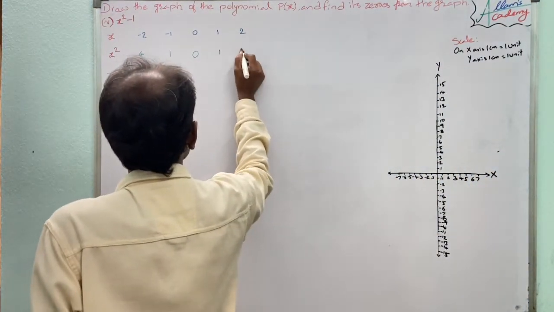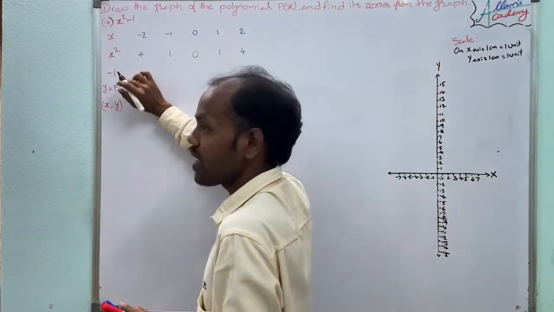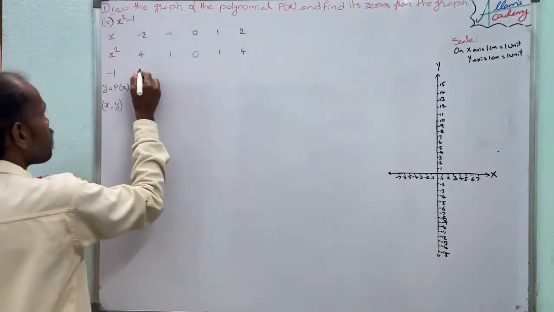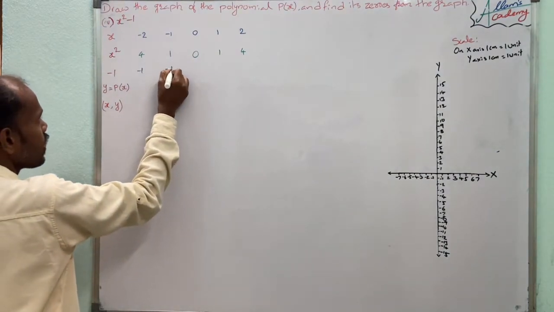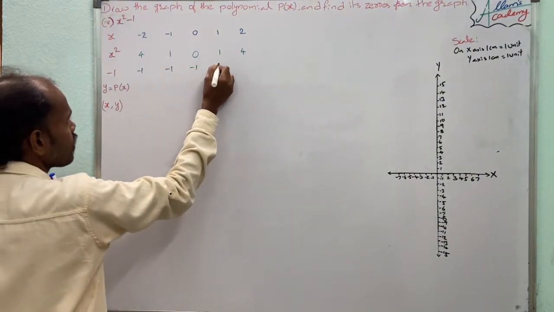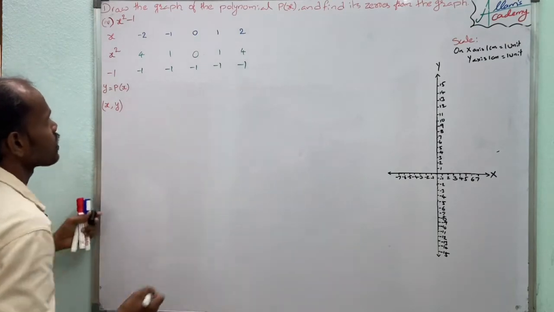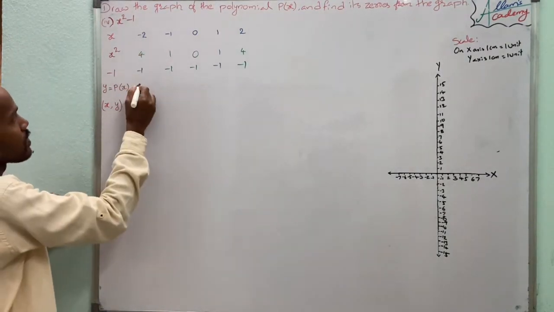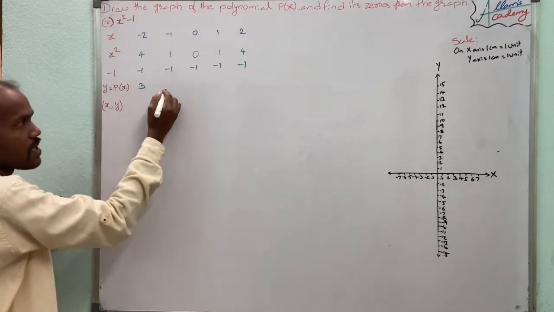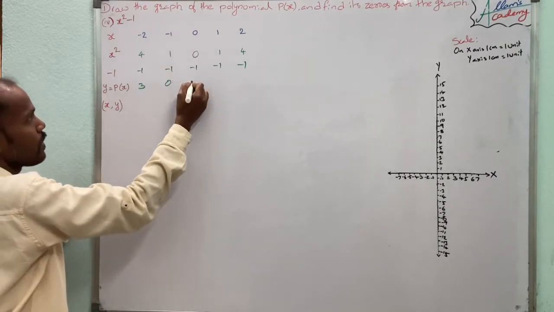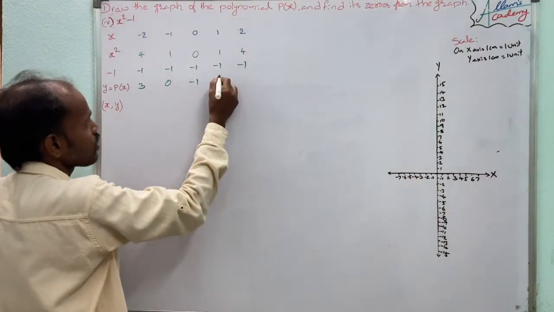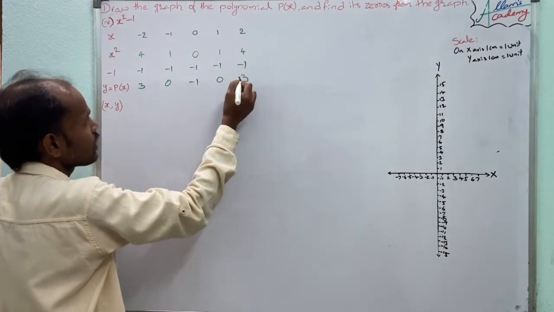Next minus 1, it is the constant number, so we write it directly: minus 1, minus 1, minus 1, minus 1, minus 1. Now we subtract these. 4 minus 1 is 3, 1 minus 1 is 0, 0 minus 1 is minus 1, 1 minus 1 is 0, 4 minus 1 is 3.